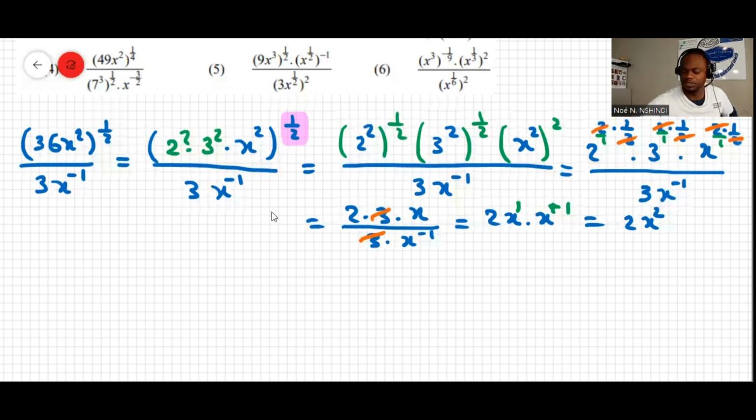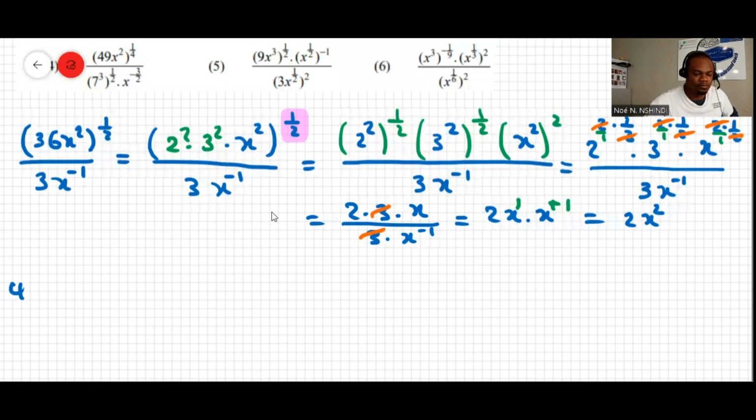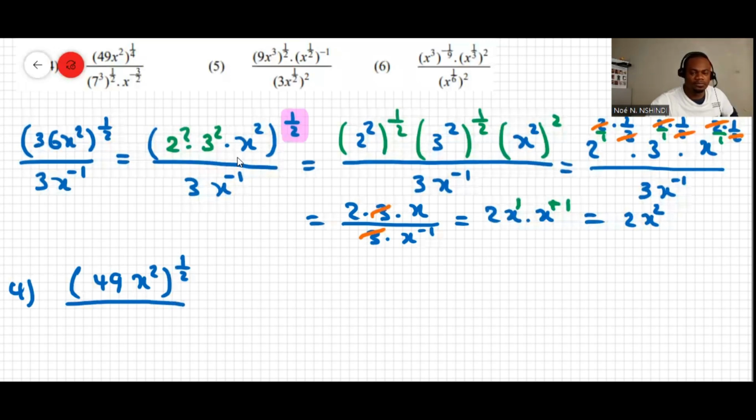Question 4 is 49 x squared to the power of a half all over 7 cubed to the power of a half multiplied by x to the power of -3 over 2.